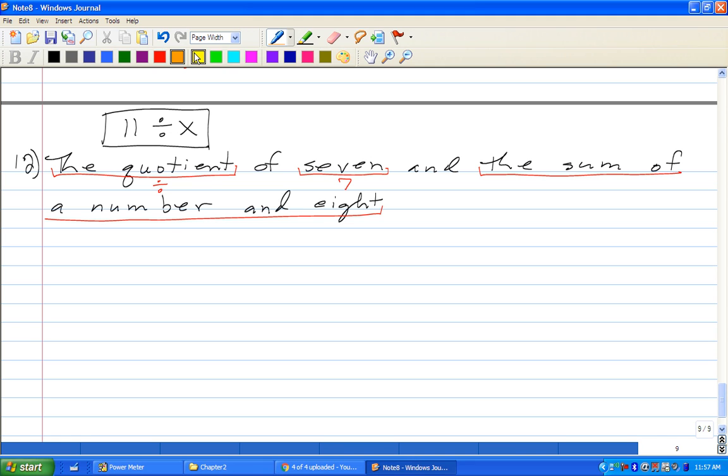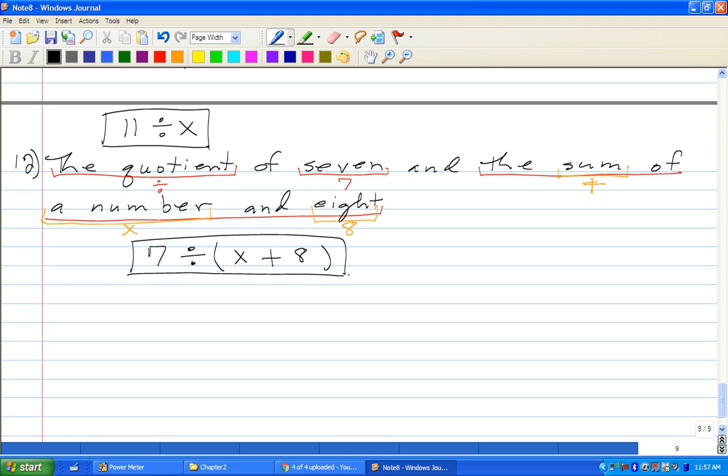And so this is the sum of a number and 8. And so I have the quotient of 7 and the sum of a number and 8.